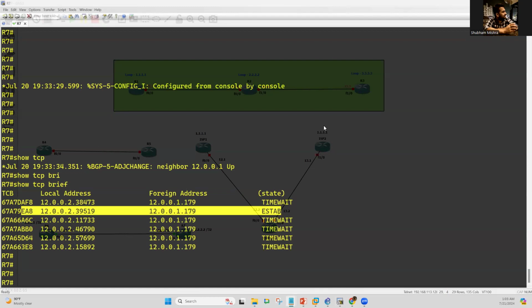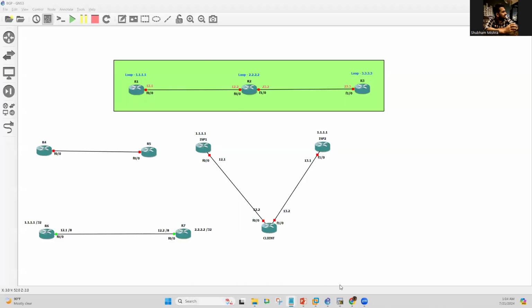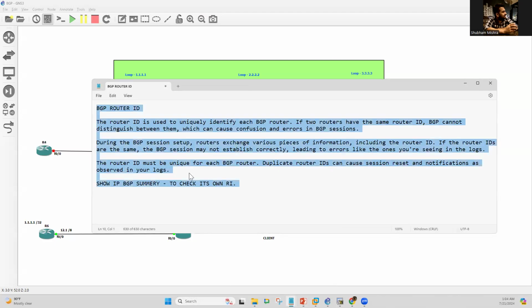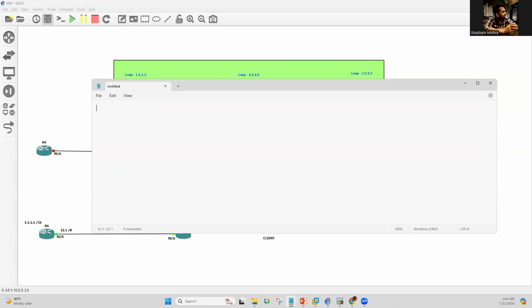Okay, very cool. So now the condition is time wait. Anyone know about the time wait? No. Okay. So guys, tell me one thing. Let's suppose in case of BGP, when we configure BGP on two routers, what will happen?